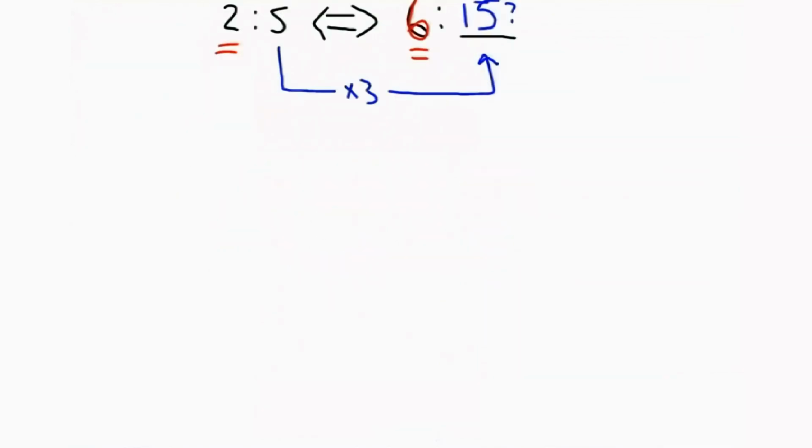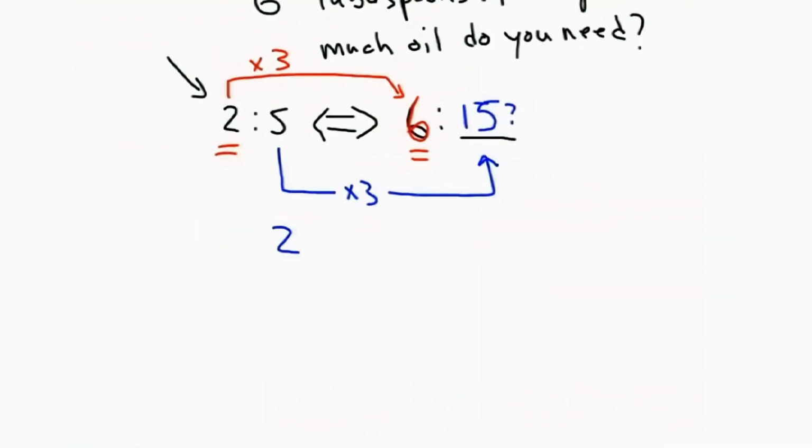You can see if we write these as fractions that 2/5 equals 6 over something. We could use our solving equations too to figure out easily that the unknown here is going to be equal to 15.